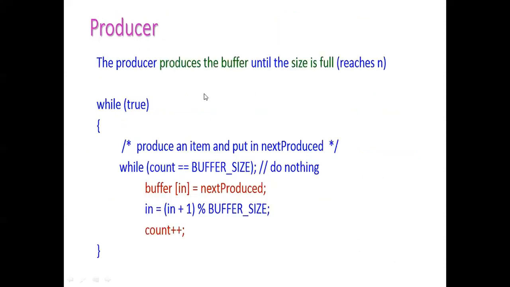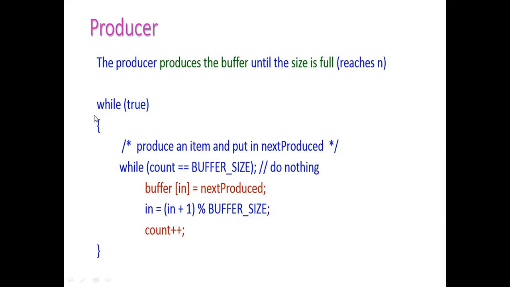Here is the producer, which produces the buffer until the size is full. That is, until the buffer reaches the full size, the producer process will keep on producing the buffer. So while the condition is true, the producer process will produce an item and the count will be incremented.